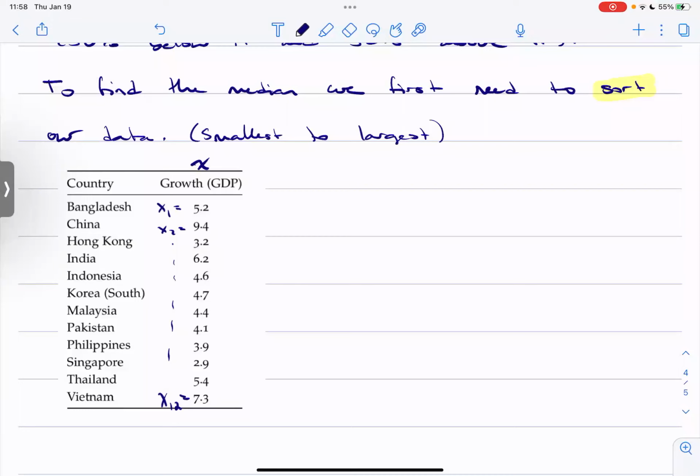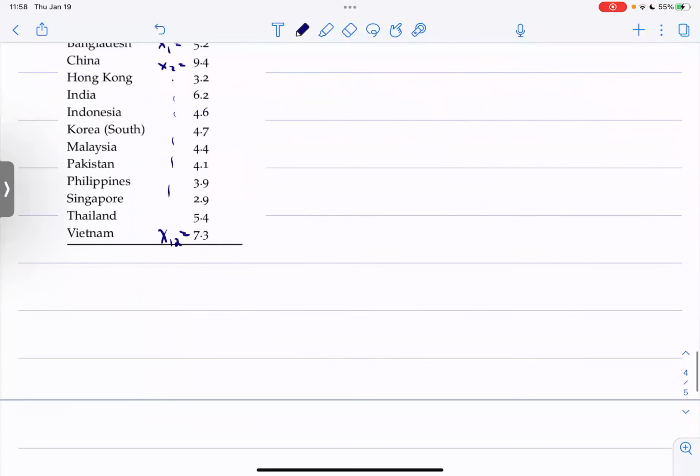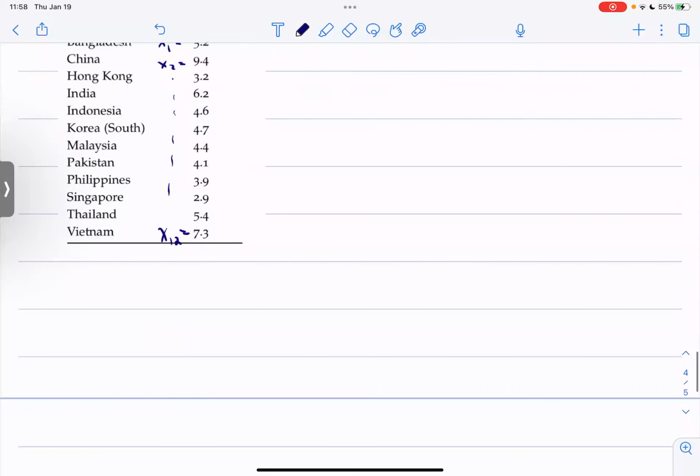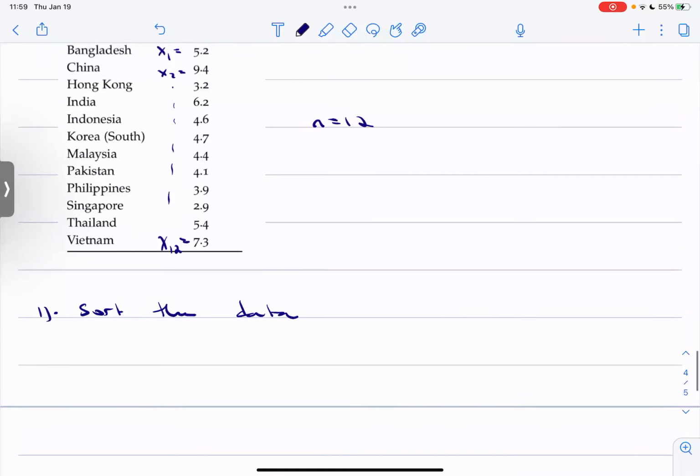So I like to go through and cross out the values as I list them. Step number one, sort the data. I'll make a note that n is 12 here, as a reminder, because then I'll go back and make sure I have 12.